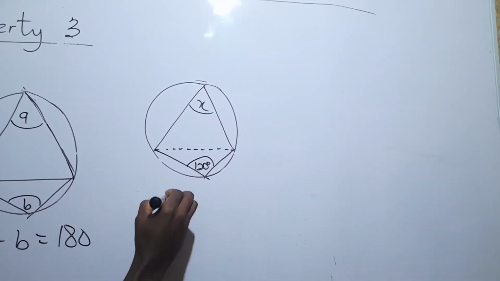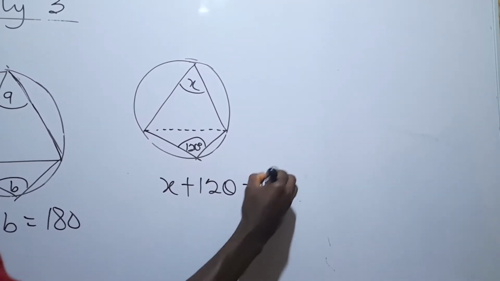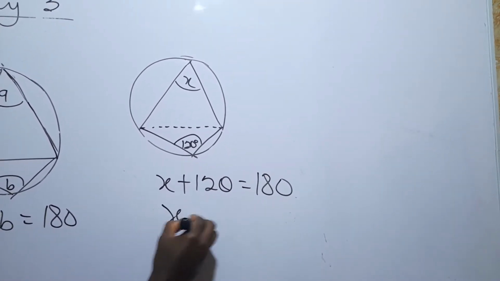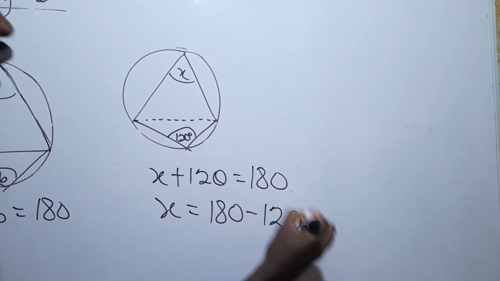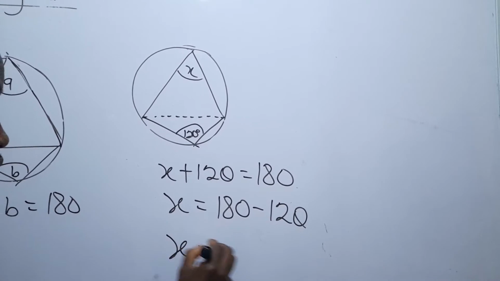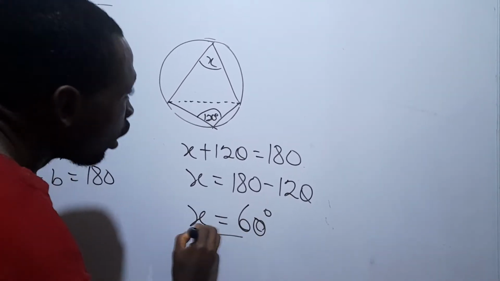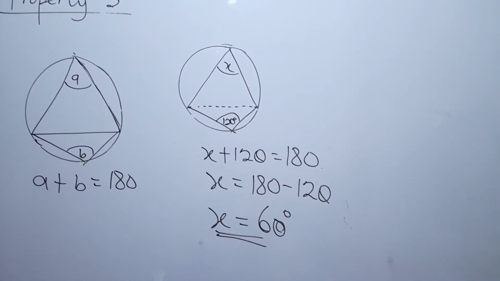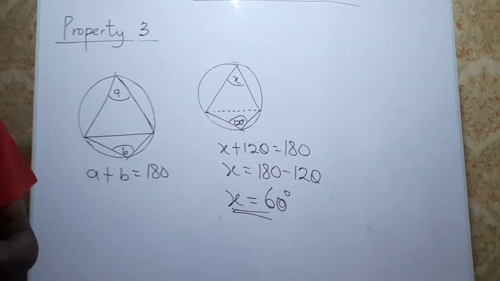Then the sum of those angles is equal to 180. So we say x plus 120 will be equal to 180. So x will be equal to 180 minus 120. So x will be nothing but what? 60 degrees. I hope you get that. We look at the fourth property, then we try to combine all.